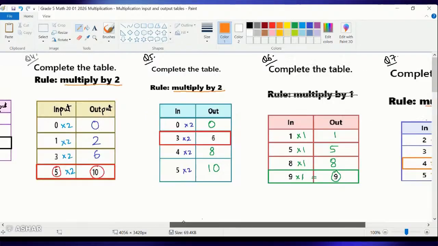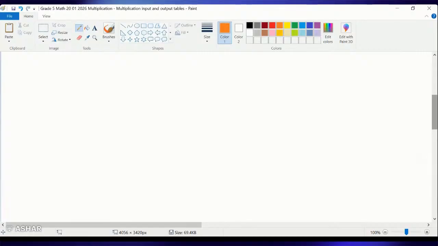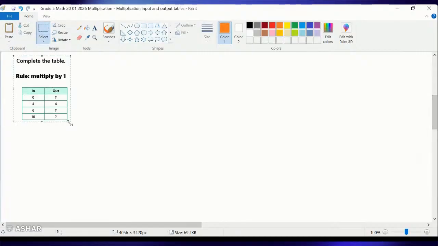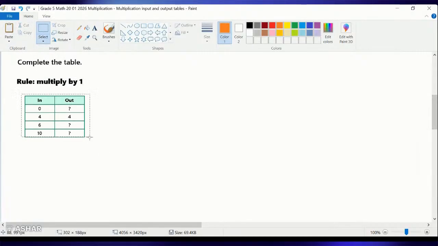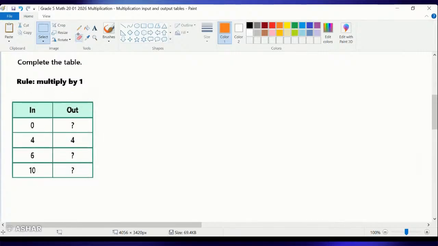Let's say the next question, the multiplication rule is given to us, question number 8. I will try to change the rule. Okay, I would say that let's multiply by 3, and we would have 12 given over here.